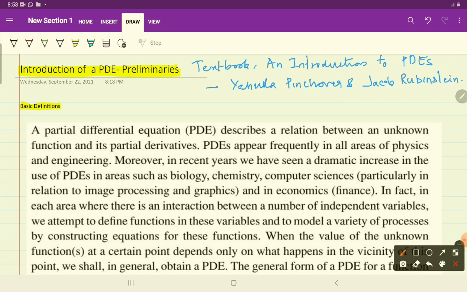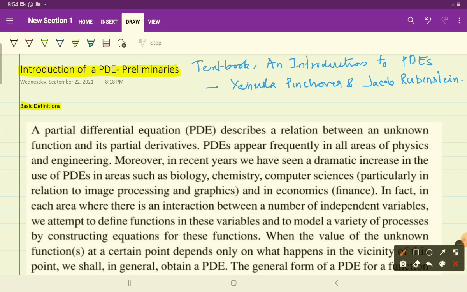So these lectures are based on this textbook, An Introduction to Partial Differential Equations by Yehuda Pinchover and Jacob Rubinstein.